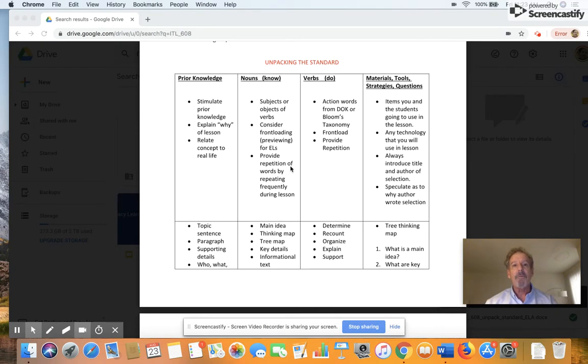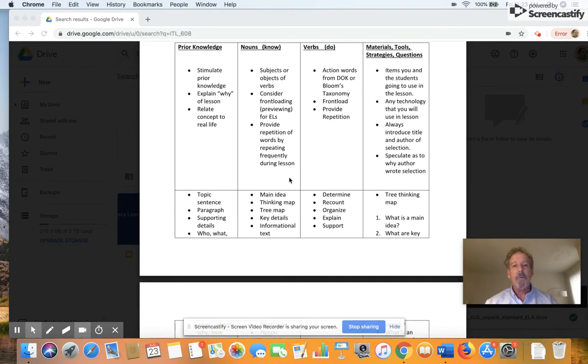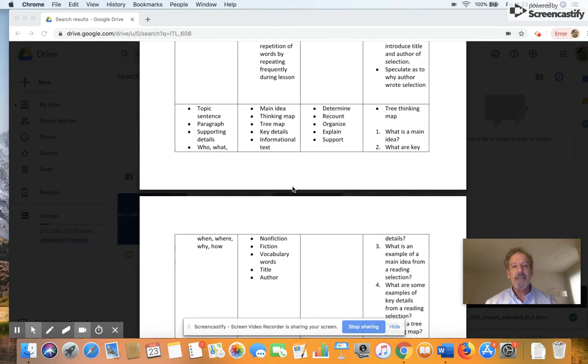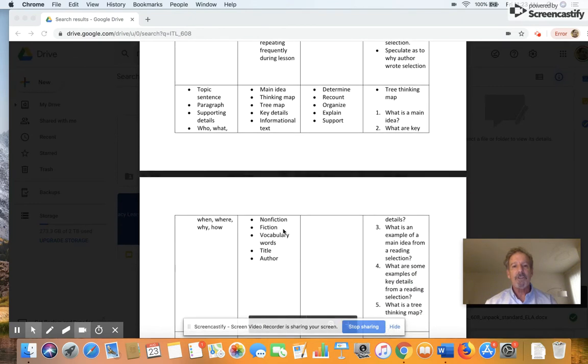And you want to provide repetition of the words by repeating frequently during the lesson. So what are the nouns? The nouns are main idea, thinking map, tree map, key details, informational text, nonfiction, fiction. You want to determine what kind of selection the students are going to read, or that you're going to read to them, or that they're going to read in groups.